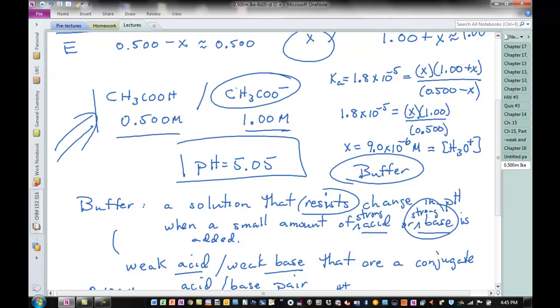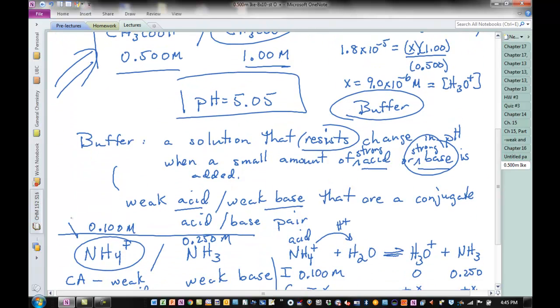They're going to be combined with something of opposite charge. So where are we going to get either acetate or ammonium? Where are they going to come from? What have we just been covering? Salts. They're going to come from salts.